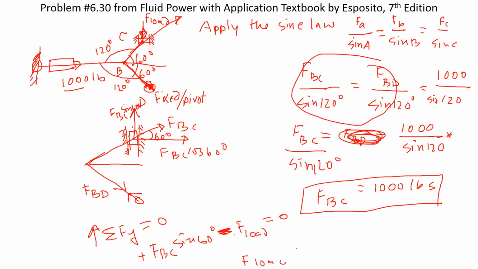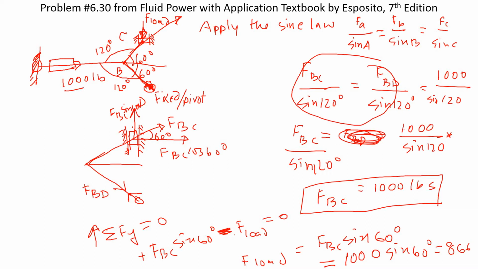So F load would be FBC sine 60. Basically I'm just making things more complicated here, it's just the only component going upward. So 1000 pounds times sine 60 degrees is about 866 pounds.